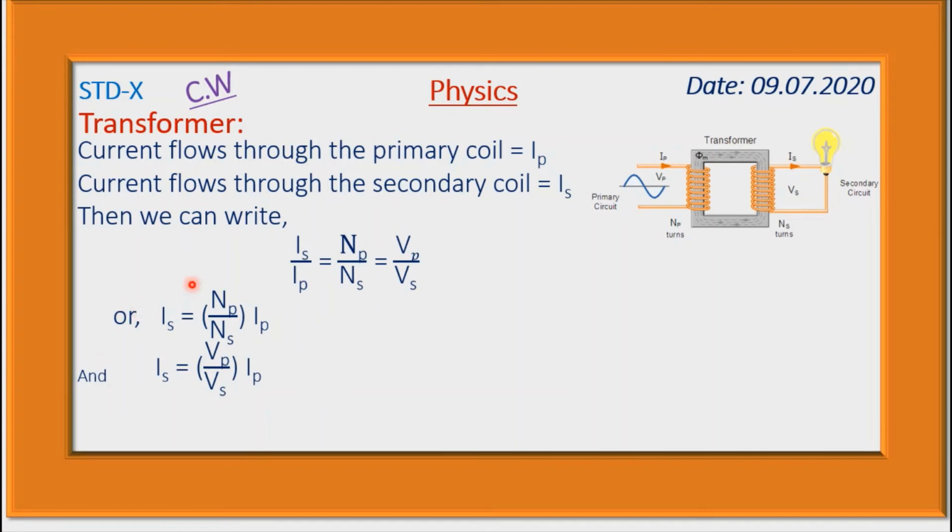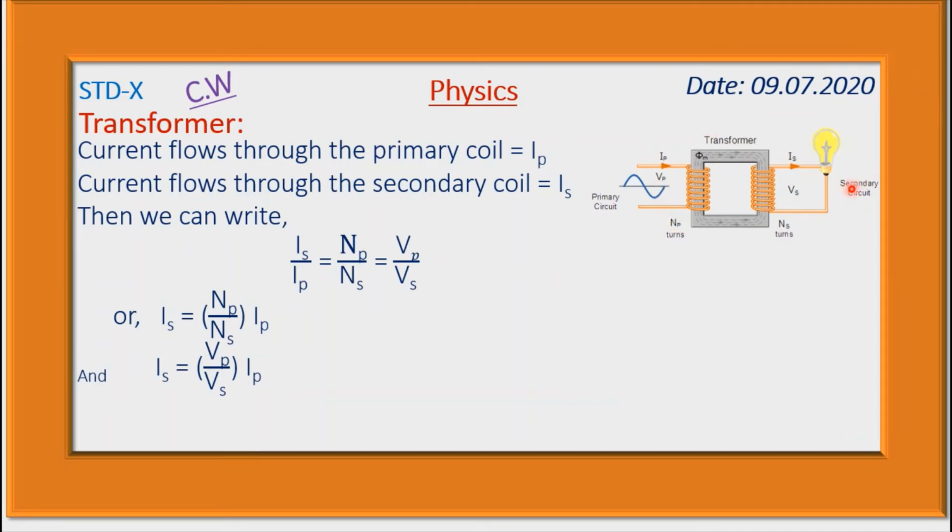From these two equations we can calculate the current flow through the secondary coil. If the number of turns in the primary coil and secondary coil are different, then the voltage in the primary coil and secondary coil will be different. We can change the voltage in the primary coil and secondary coil.